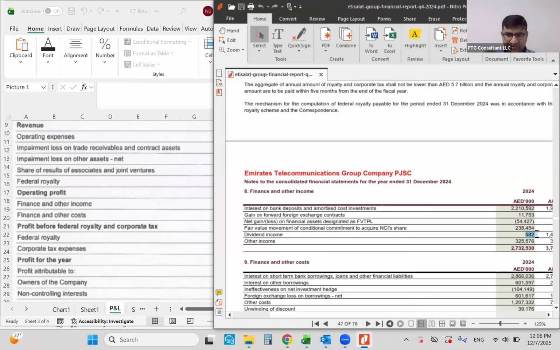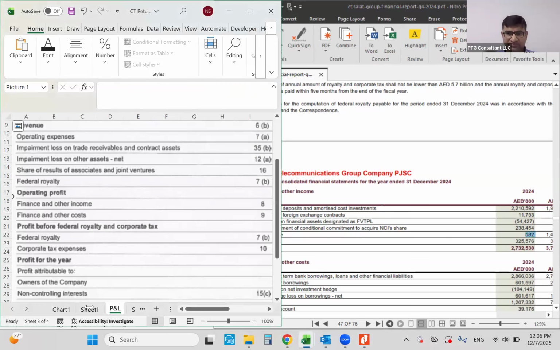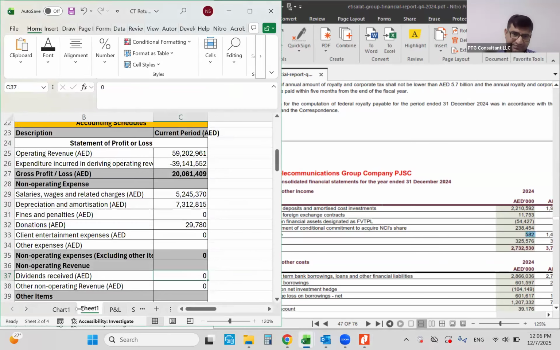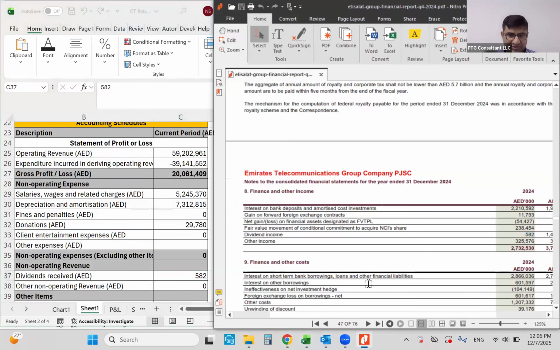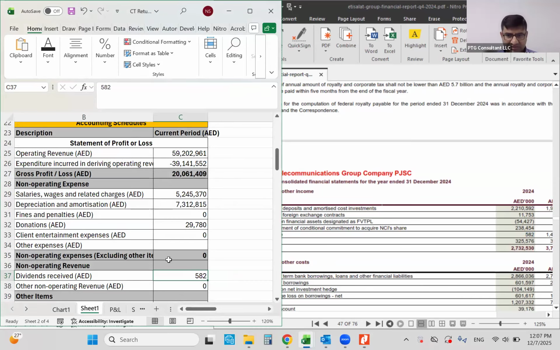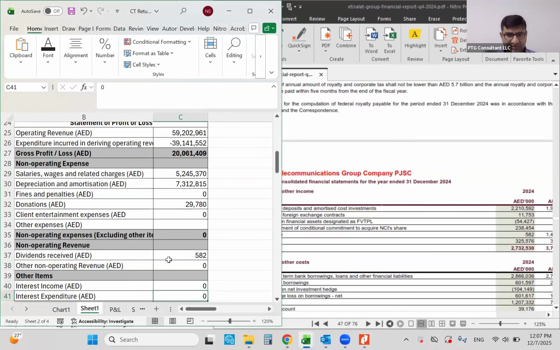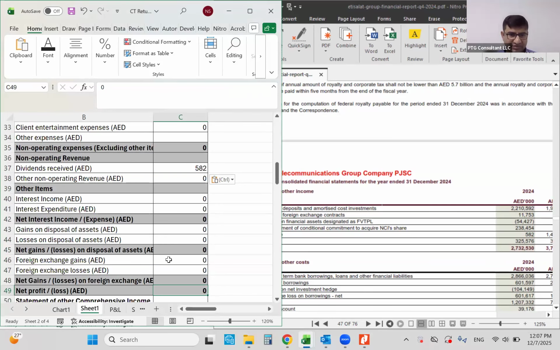You can take it and put it over there. Now go down on Excel, scroll down, check.